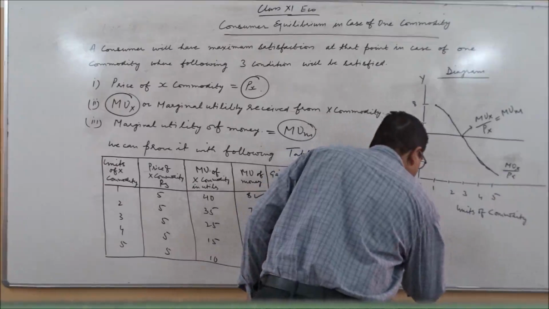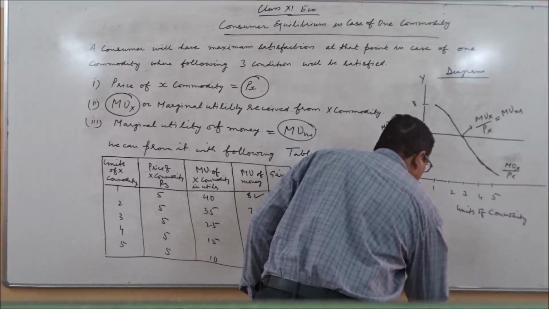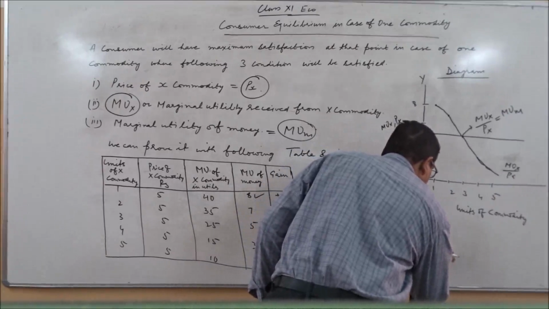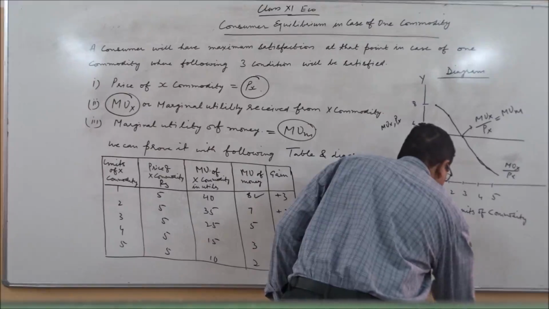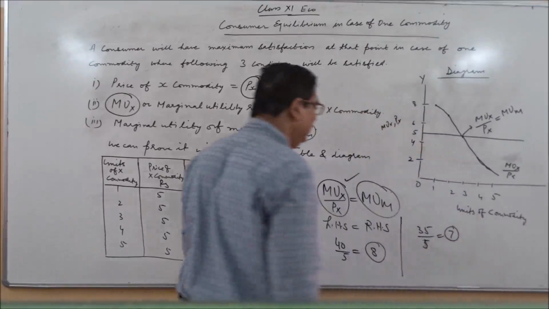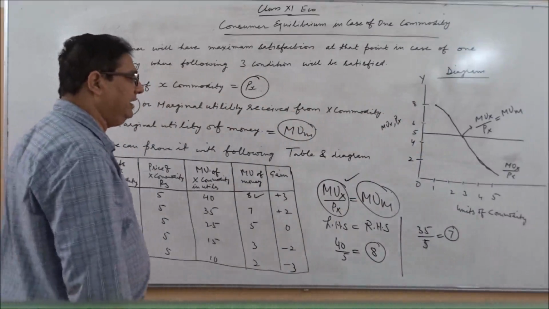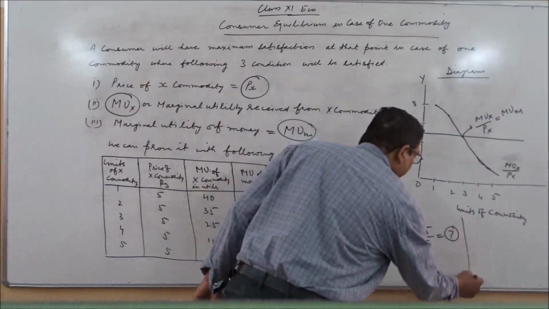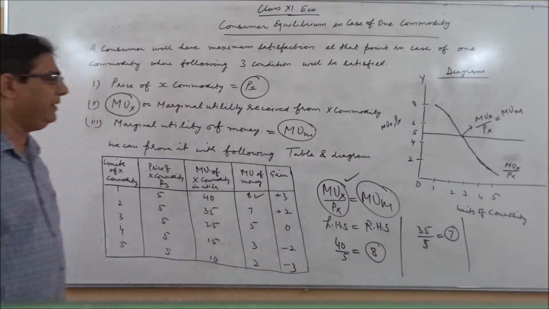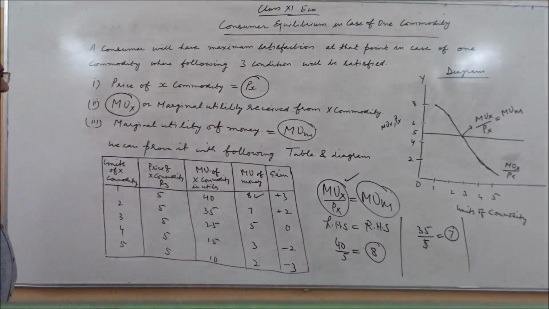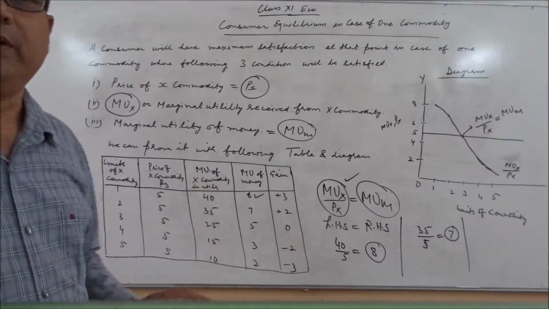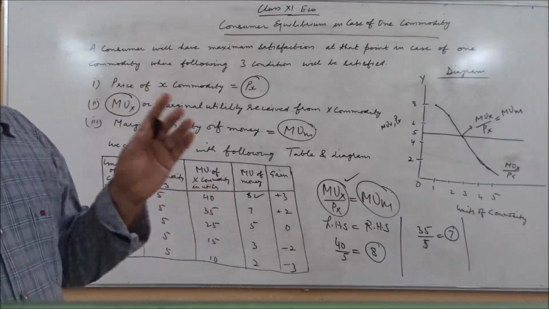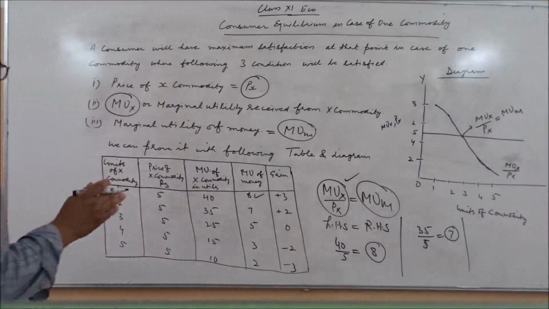By applying the same formula, we will get 7 MUM. It means marginal utility of money equals rupees 7. Still, by the purchase of both units, he is in profit. So he will continue purchasing the third unit also.